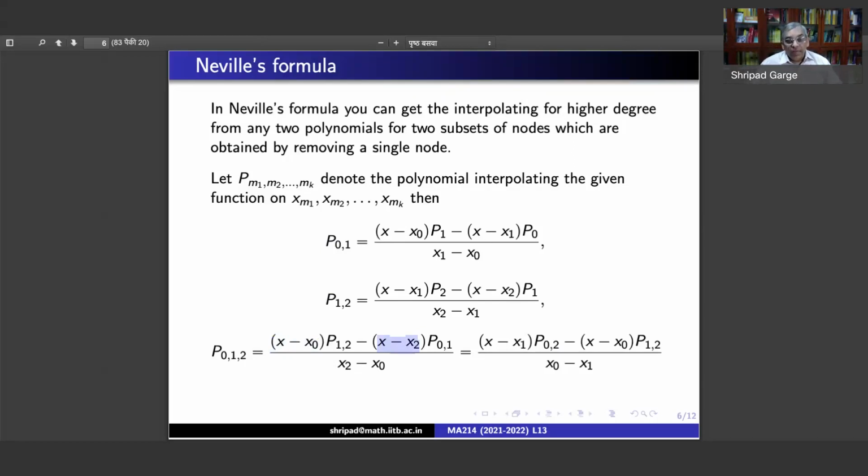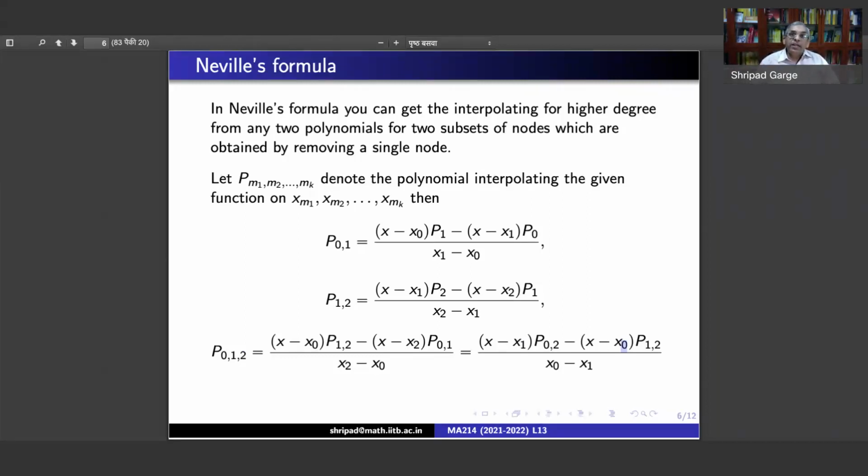Or you will have the formula for p012 in terms of 0, 2 where you have omitted 1, and 1, 2 where you have omitted 0. So here we have chosen 0 and 2 as our i and j, and here we have chosen 1 and 0 as our i and j, and then indeed you have in the bracket denominator x0 minus x1. So we have quite a bit of freedom.